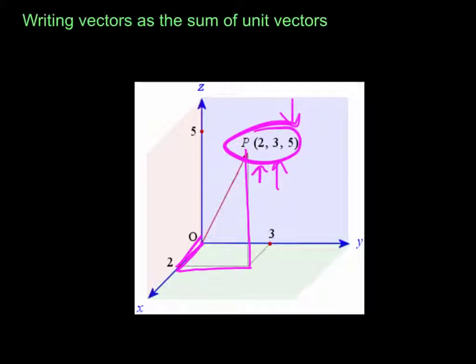With the sum of unit vectors, if you're going this way, then this way, and then this way, the shortcut up to the top is my new vector. That would be written as 2i plus 3j plus 5k. You're just adding up those unit vectors.